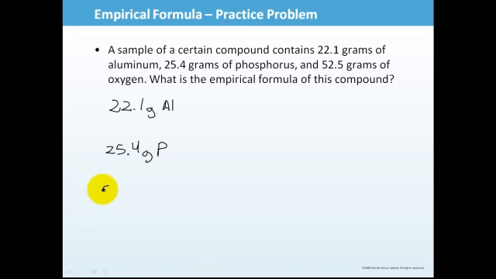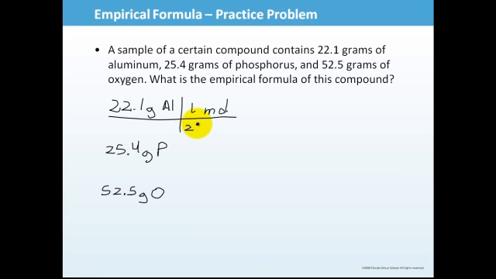And finally we have 52.5 grams of oxygen. So first thing we need to do, remember step 1 is to take the grams and convert them all to moles. And again, to make that conversion, we have to have molar mass. So we always want the moles on top in this case because we are starting with grams, so we need to divide by the grams to cancel out the units.